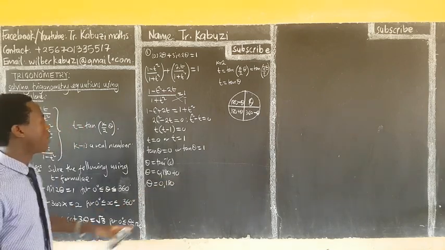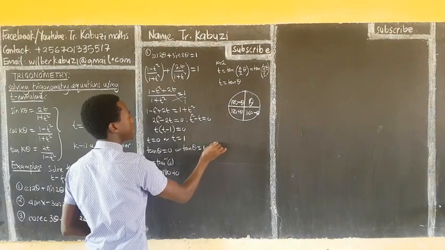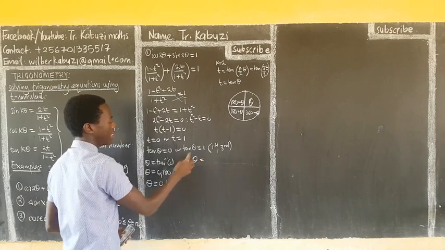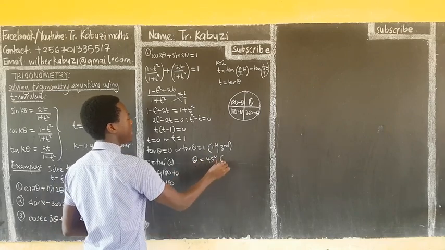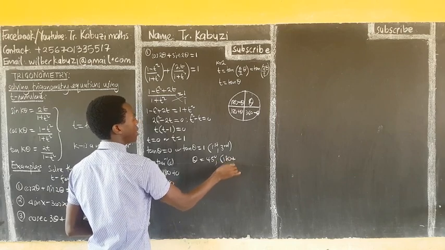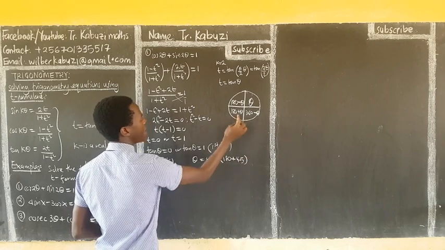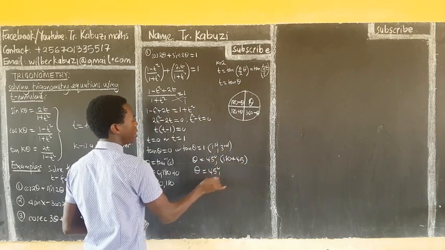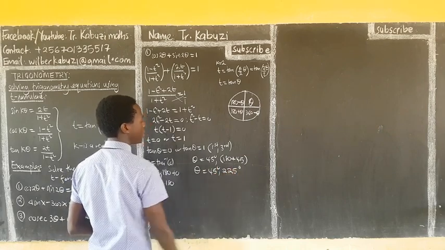Now, when I come to this one, tan is positive in the first and the third quadrants. Theta will be tan inverse of 1, which is 45 degrees in the first quadrant. Then in the third it will be 180 plus the acute angle 45, which is 225 degrees.